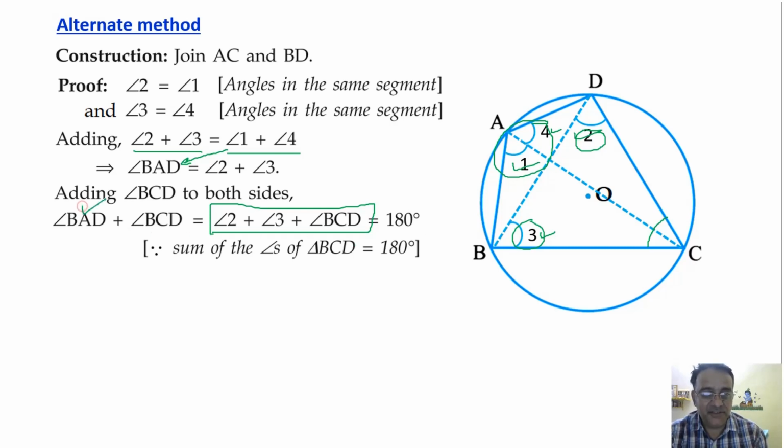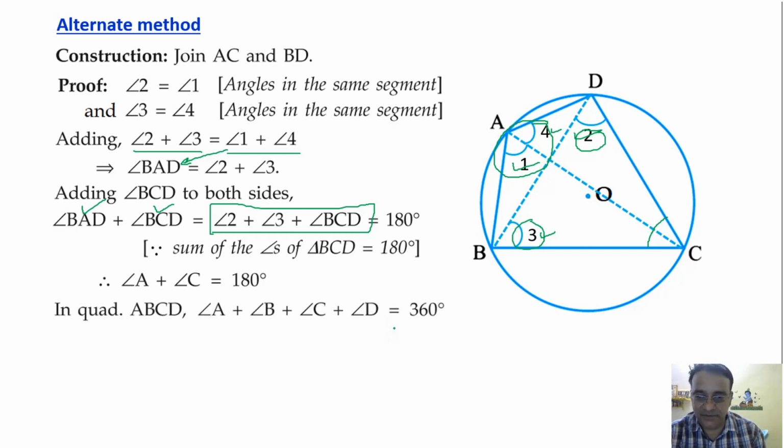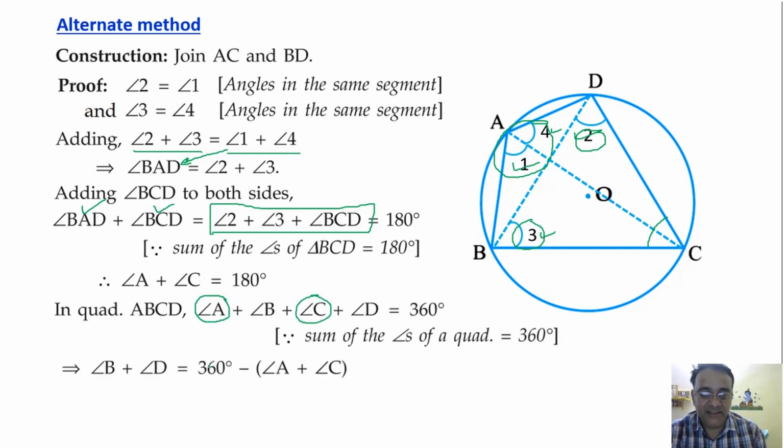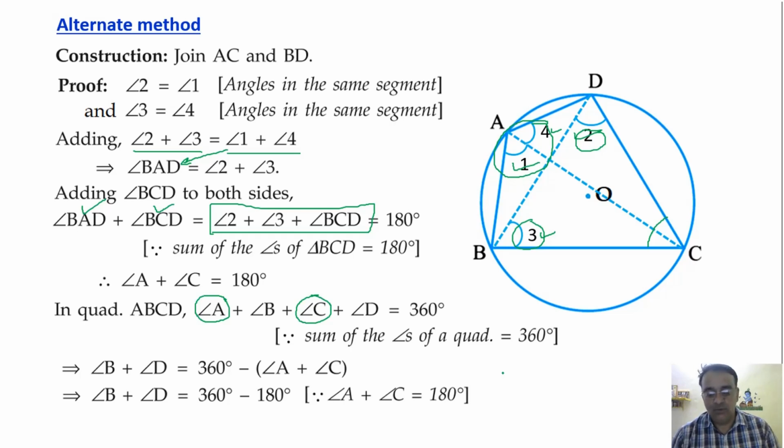So the sum of these two angles is equal to 180 degrees. The next step is exactly similar. Angle A plus angle B plus angle C plus angle D is equal to 360 degrees. Now we'll replace angle A and angle C both by 180 degrees, and shift this side. So angle B plus angle D is also equal to 180 degrees.